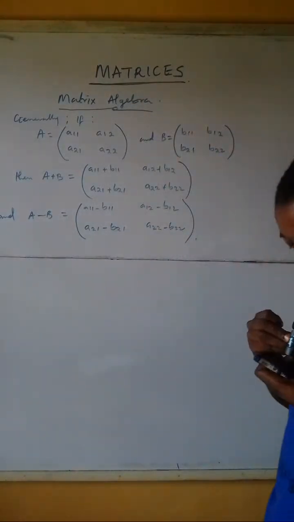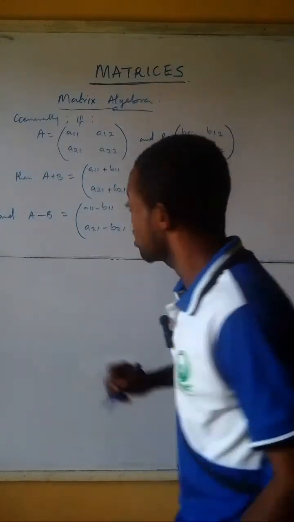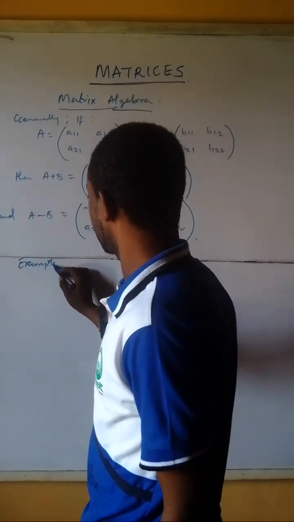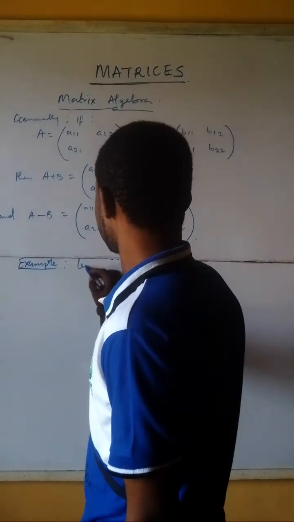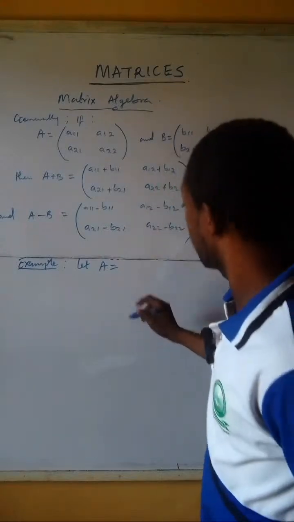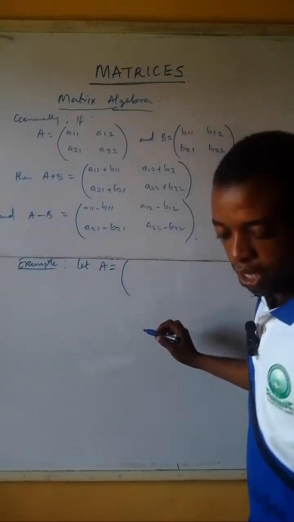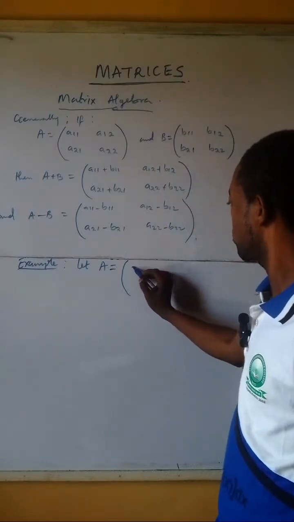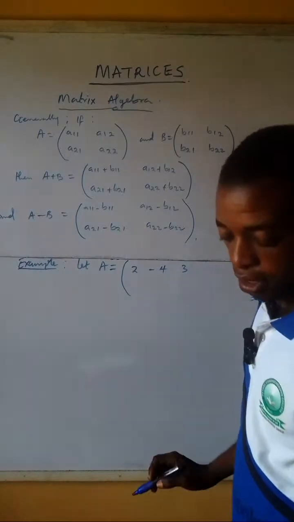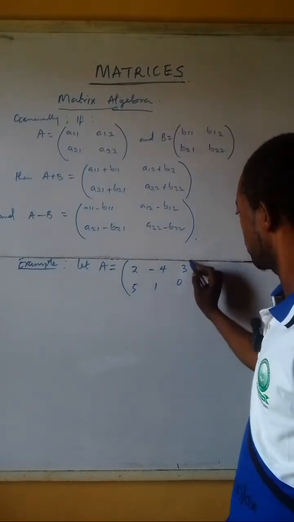Let's consider these two matrices. Example: let matrix A be equal to 2, minus 4, 3 in the first row, and 5, 1, 0 in the second row.